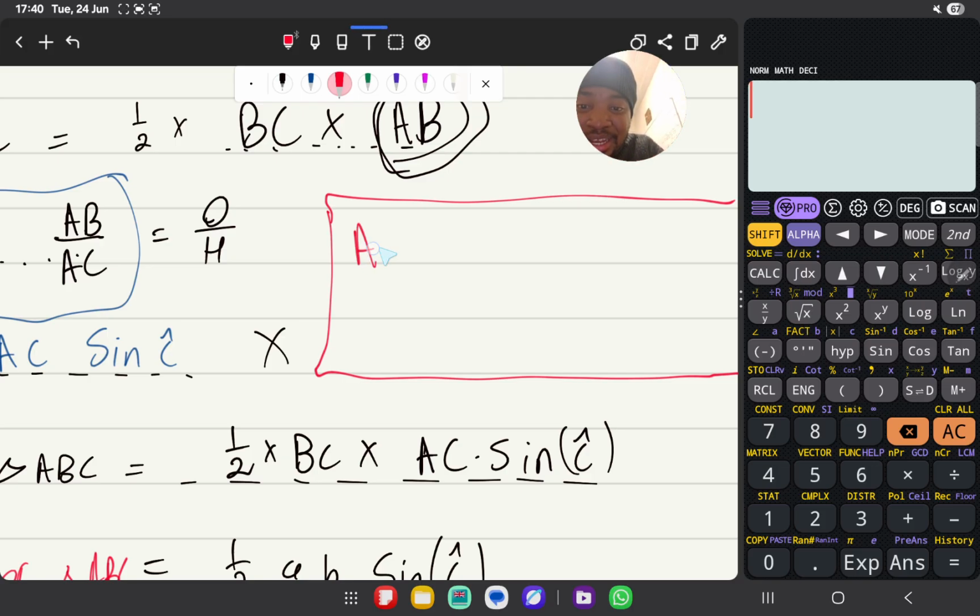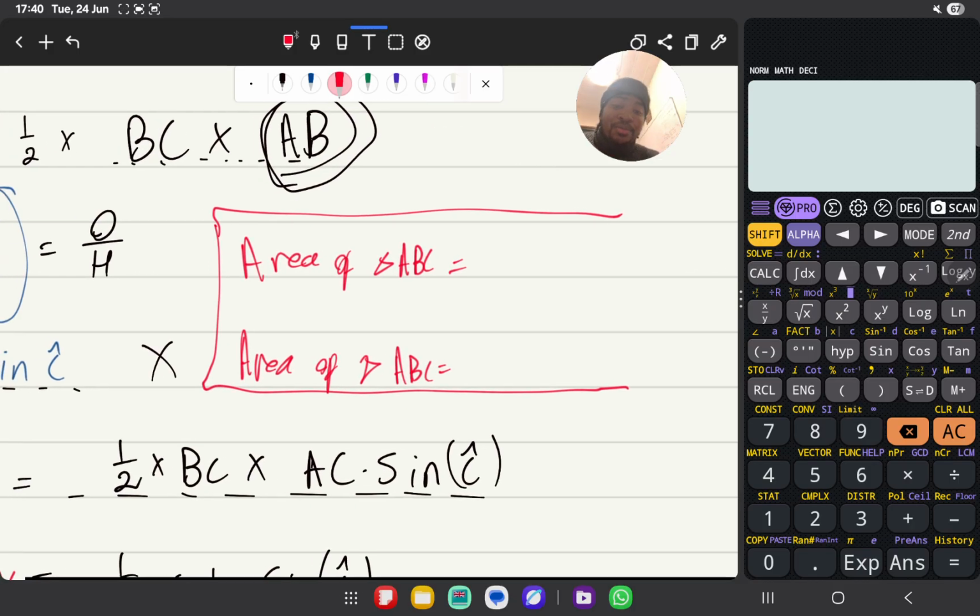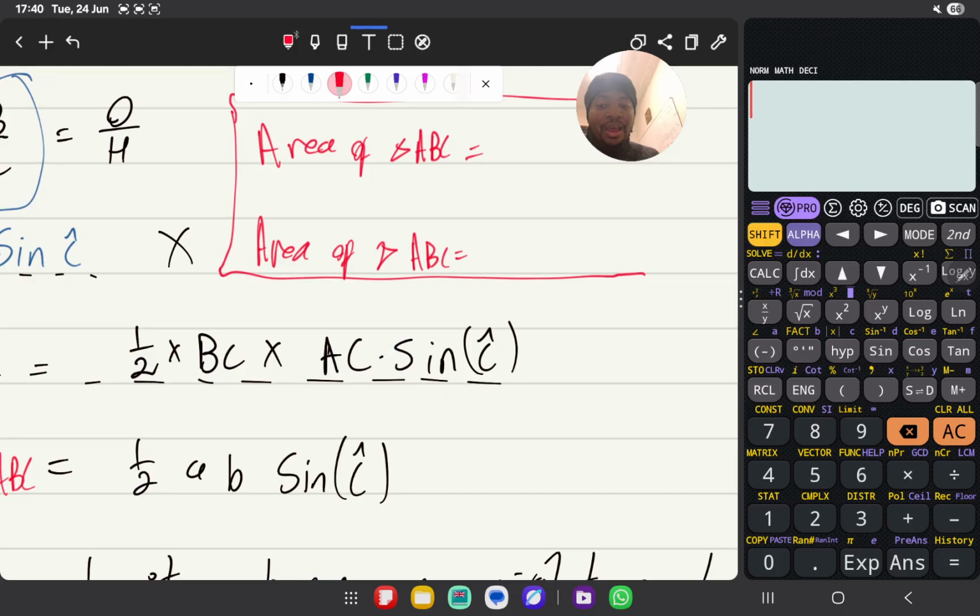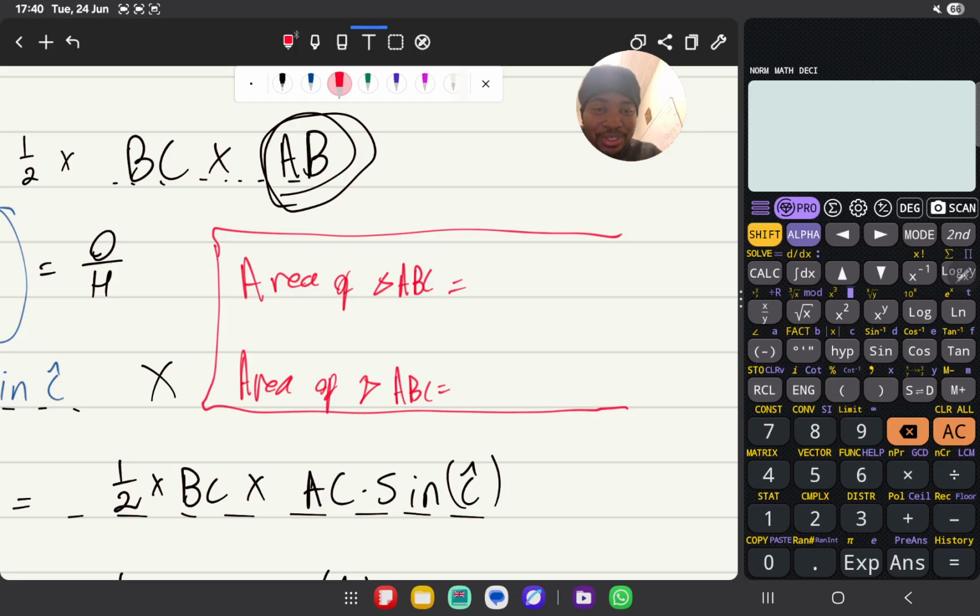So we would say area of triangle ABC. Look at this, we have half AB sine C. Then I could say another formula for the area of a triangle is going to be half BC sine, we have BC here.